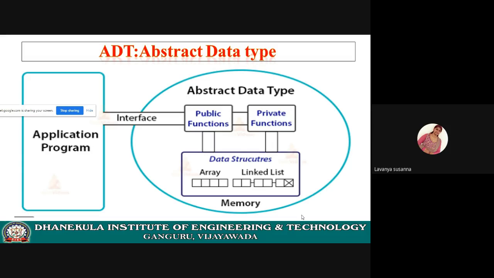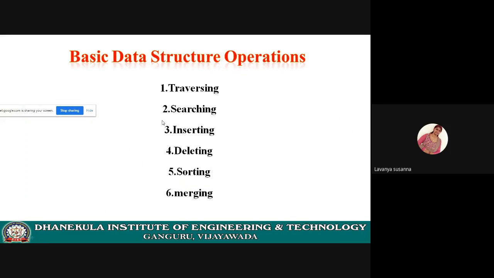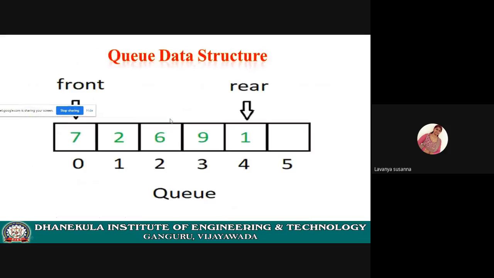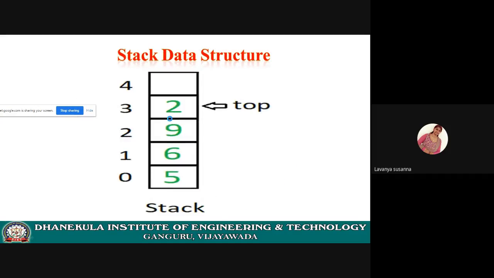For example, take stack. If you say stack ADT, meaning abstract data type, it means all the data and operations of stack are called stack ADT.